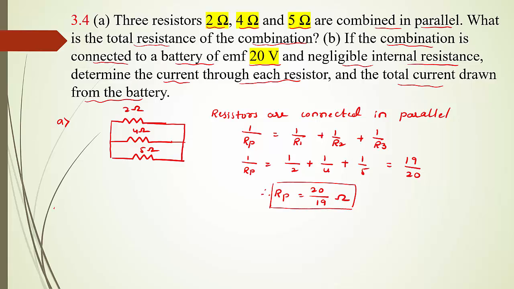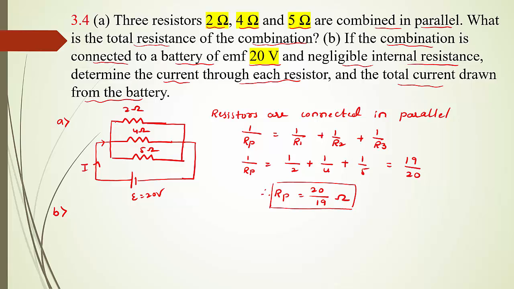Then second question. Suppose this combination is connected to a battery of EMF E equal to 20 volt, then we have to calculate current through each resistor. Suppose the current I is flowing through the circuit, here at this point, this current will be divided.